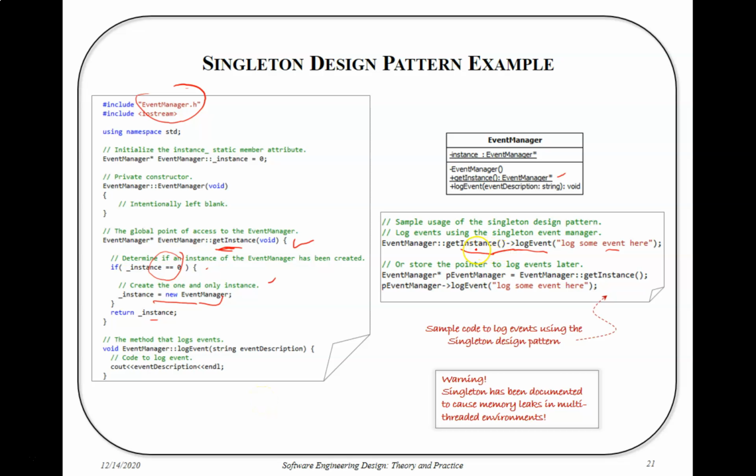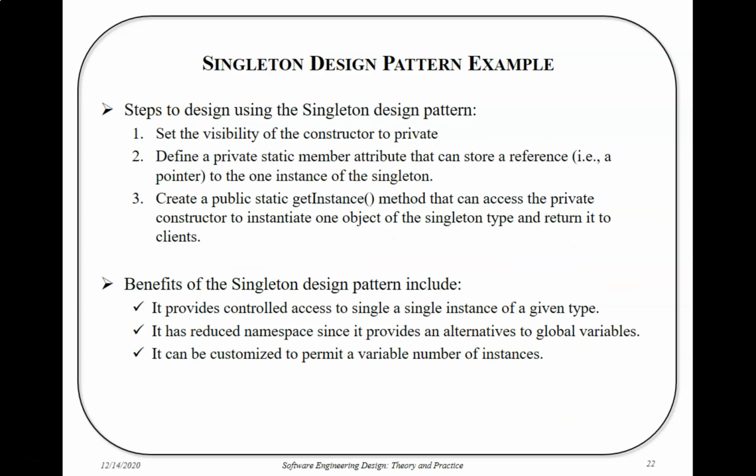So the log event can be done straight away through the get instance, that means the instance given by this method. This method again controls that one and only one instance is created. So that's all for the singleton design pattern.